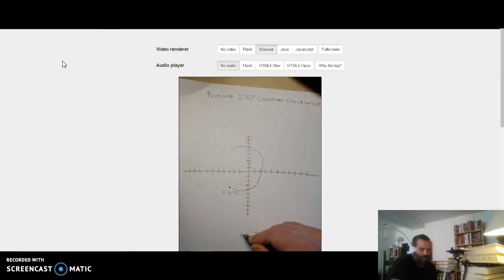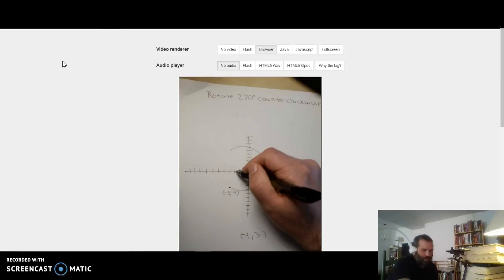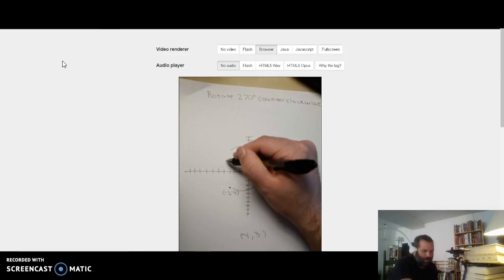Therefore, this 4 is the x, it has to be negative, and the y has to be positive. And that's what that coordinate is going to be when it's rotated 270 degrees counterclockwise. It's going to be at -4, 3, which is going to be 1, 2, 3, 4, and up 3. -4, 3.